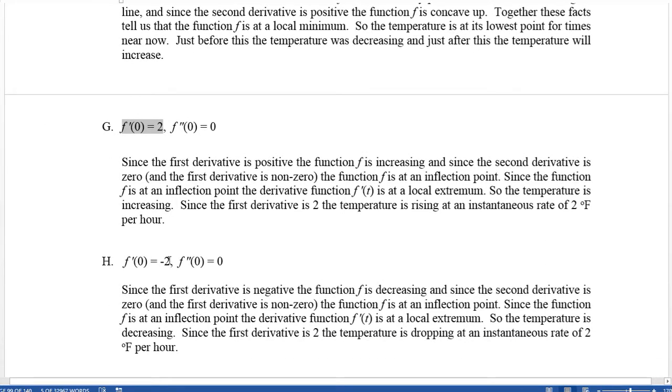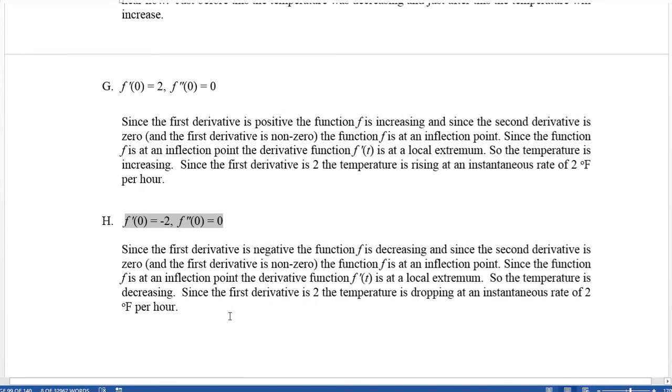And here we have the derivative is negative, and this is positive. So back up here on this g, the function is increasing, but it is at an inflection point. And this one, the function is decreasing, but it's at an inflection point. Okay, so that gives you some interpretations there when I tell you something about the signs and the size of the first derivative, and mainly the sign of the second derivative.